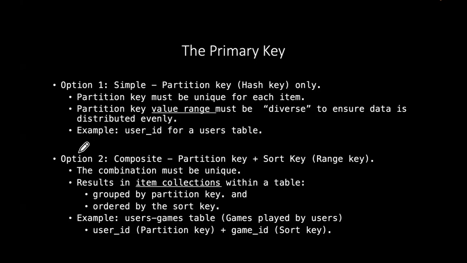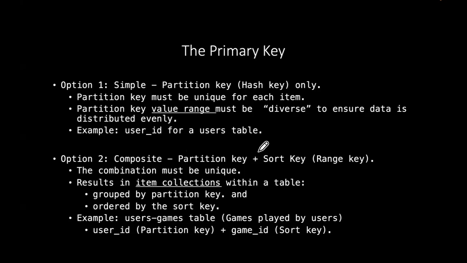The second type of primary key is a composite primary key, and that arises when two attributes make up the primary key. One of the attributes has to play the role of the partition key yet again. The second attribute is often referred to as the sort key or range key.